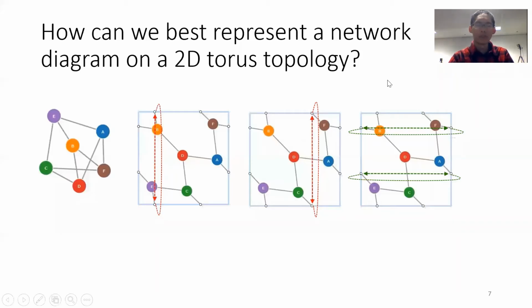This example shows a node-link diagram with crossings and its torus representation. So how do we identify friendship from a given torus layout? First, we say B and E are friends if we can find a vertical top-to-bottom relationship between these two small circles.